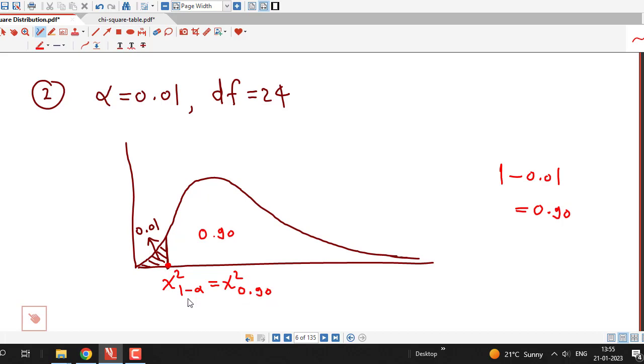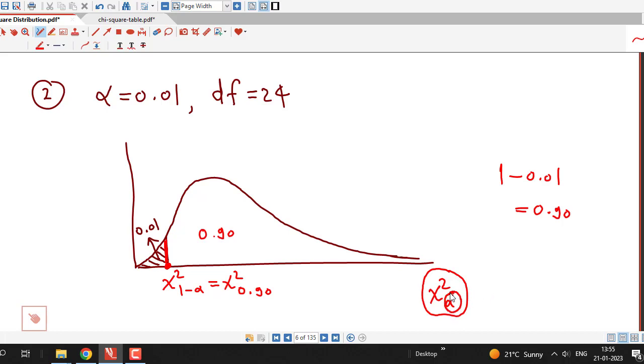So why are we using 1 minus alpha here? Because our table is for those critical values of chi-square distribution such that the area to the right of that critical value is alpha. So our chi-square distribution table gives us those critical values for which the area to the right is alpha.